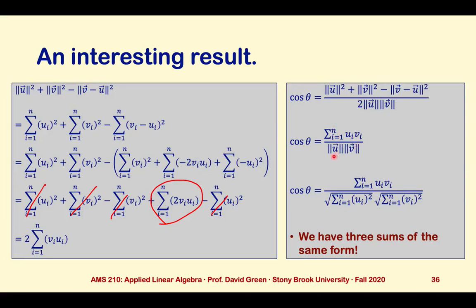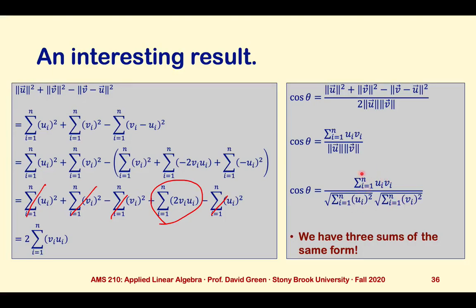If I now replace these norms with their definitions as the square root of the sum of the squares of terms, we see that this ratio that we need to calculate the angle between two vectors actually involves three sums that have the same form.